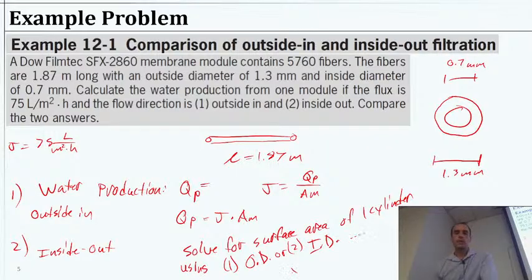And once we have that, multiply by the 5,760 fibers, and then solve for our Q. All right? So it's just a little bit of geometry. The surface area of a cylinder should be the circumference of that circle times the length, right? So the surface area would be 2 pi r, or pi times diameter, times length. Okay, put all that in meters would be good, and then you can pretty much solve the problem.